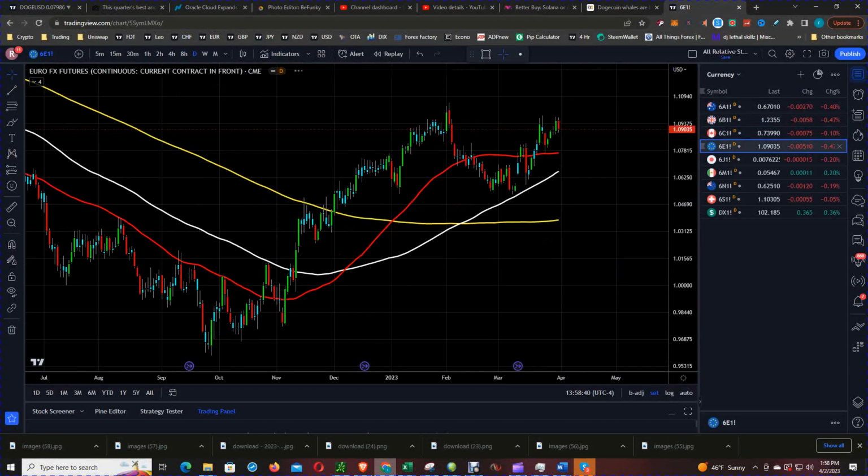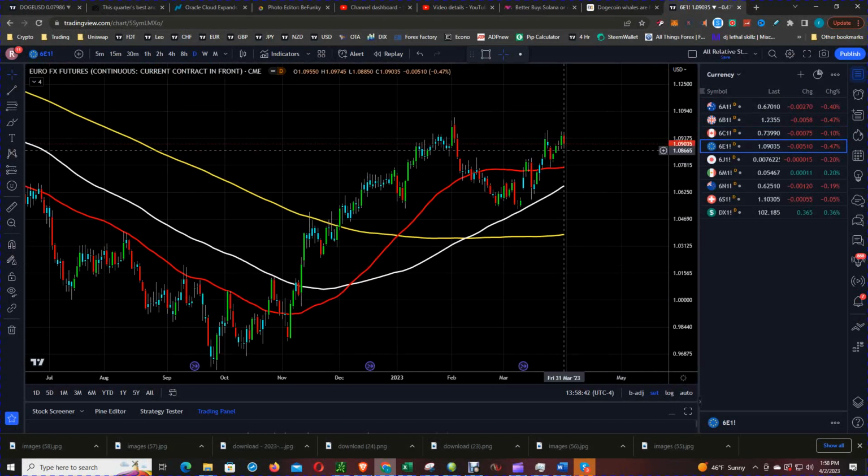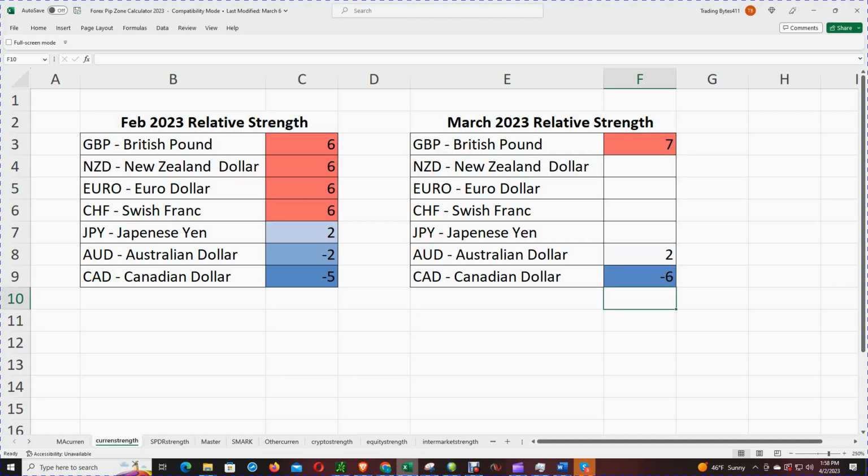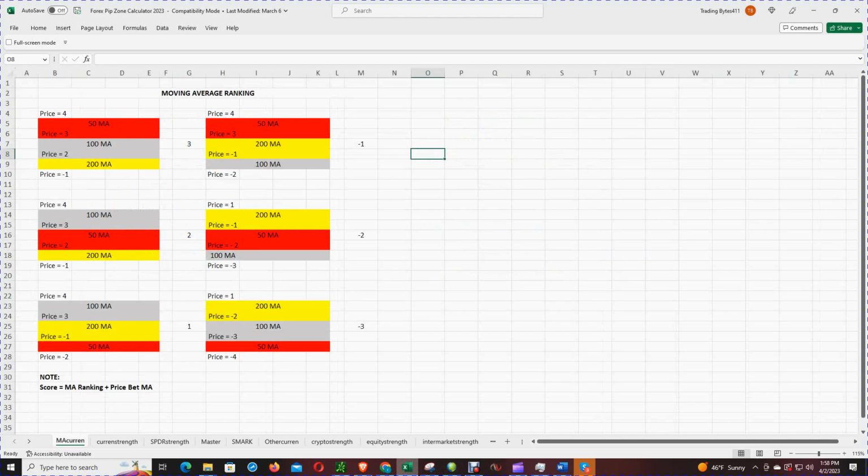It's the euro. Price is above the 50, 100, and 200, so that should be a 7. Price is above the 50, 100, 200. 4 plus 3, 7.